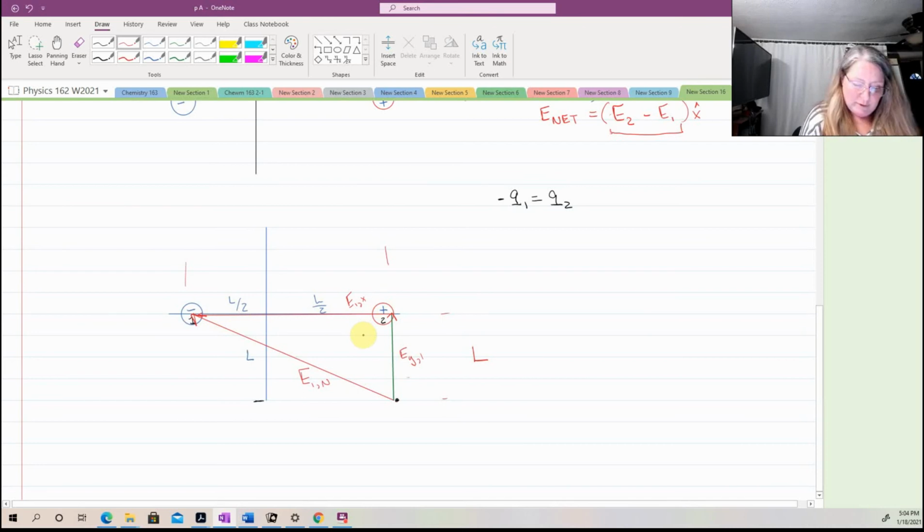That's 1/2 plus 1/2, so this is also L. So if I want to create my x and y components, well, I can choose either side because I'm going to know that this side here is going to be what? The square root of L squared plus L squared, otherwise known as the square root of 2L squared, or L times the square root of 2.